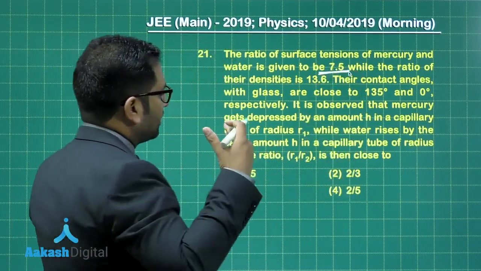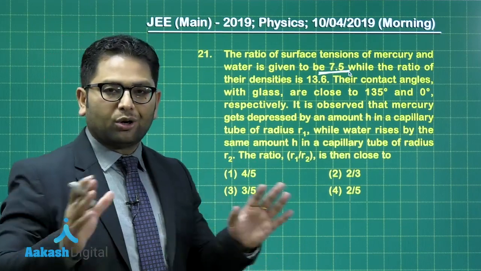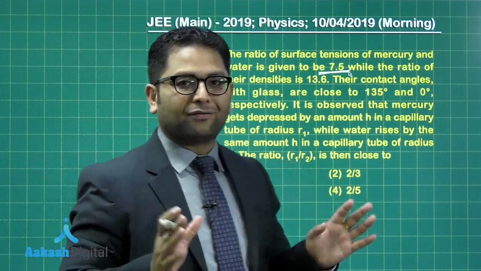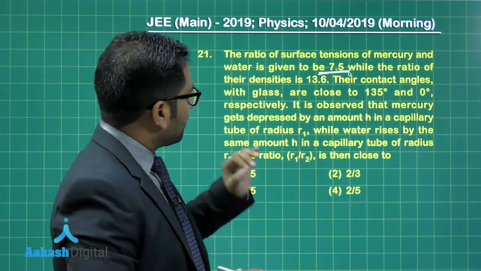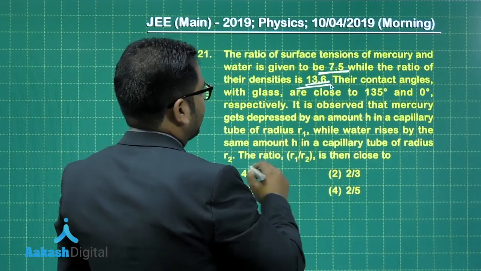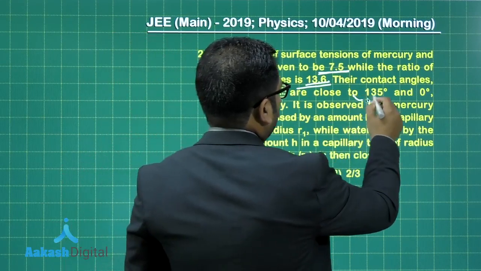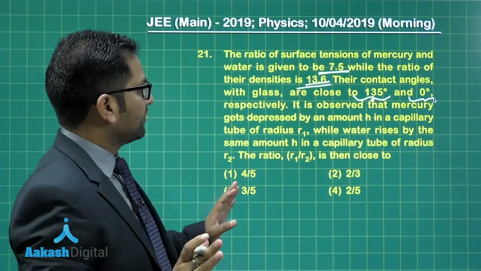Now you may represent it by S or by T, whatever convention you have been following. We're not strict on that. The ratio of the densities has also been given, and the contact angle, quite obviously for mercury 135 degree, for water 0 degree, these are almost standard values.